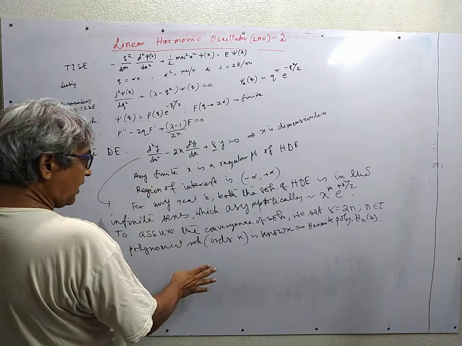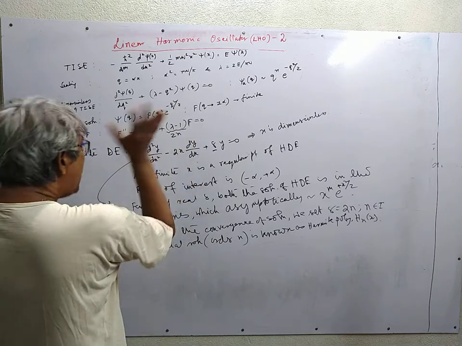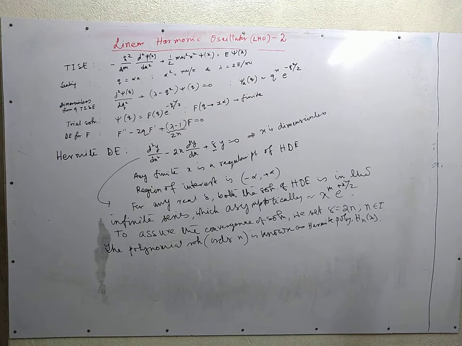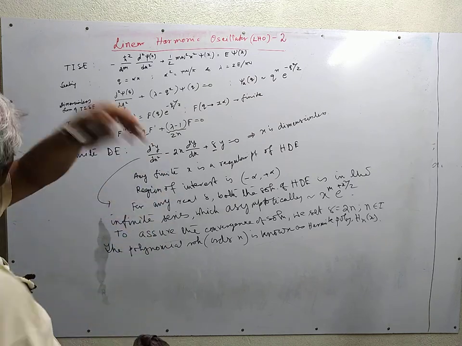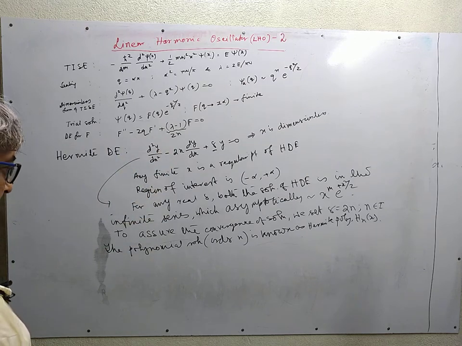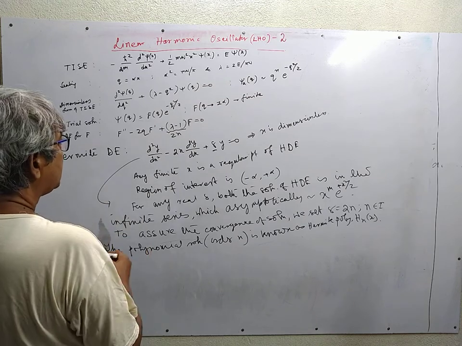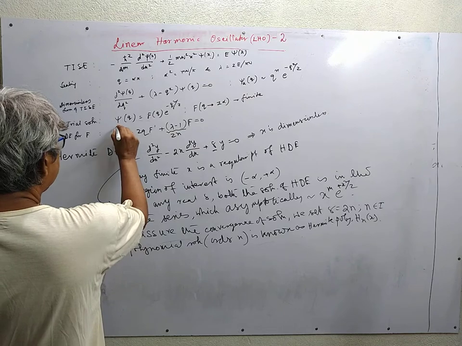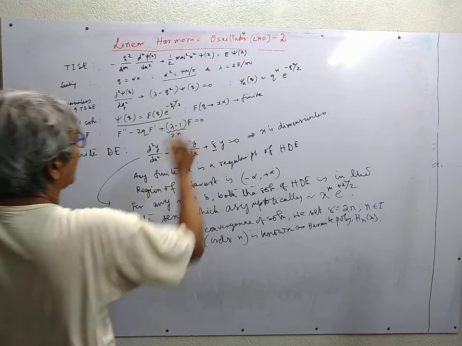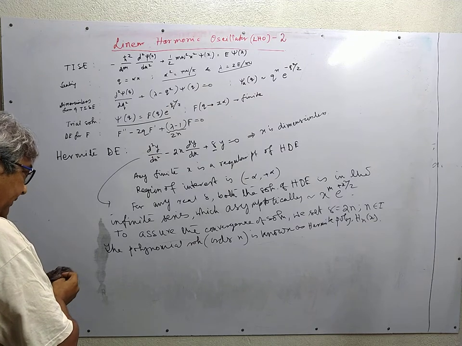That forces us to choose the polynomial solution of the Hermite differential equation. For future use, keep in mind this and the scaling parameter this. I will use this formula whenever required.